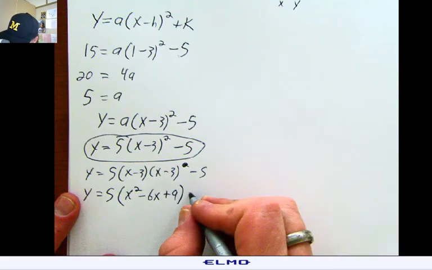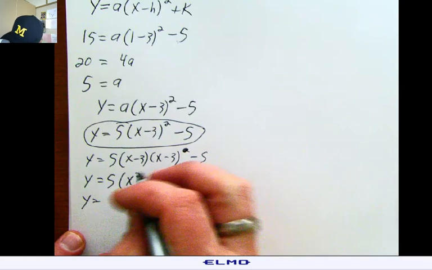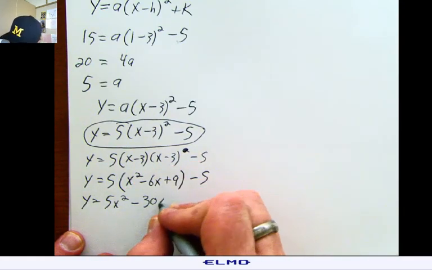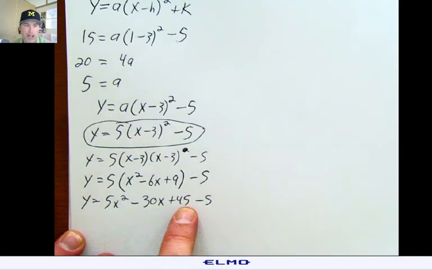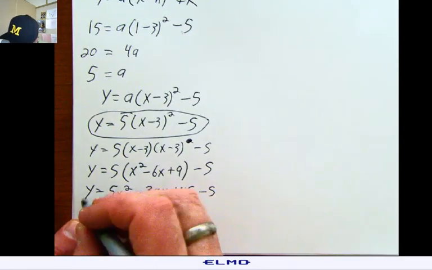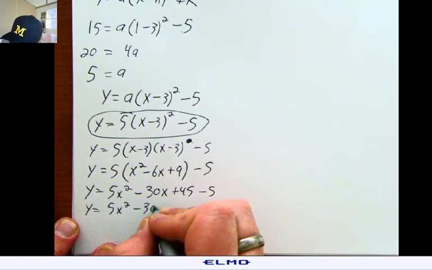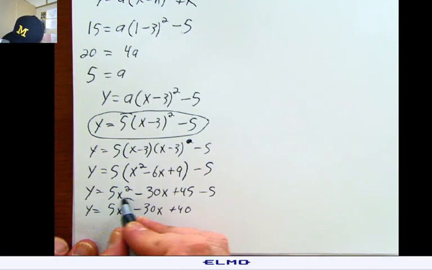And I still have this minus 5 out here. And I end up with 5x squared minus 30x plus 45 minus 5. And then you can add the 45 and the negative 5 together, and you end up with 5x squared minus 30x plus 40. And that's standard form.